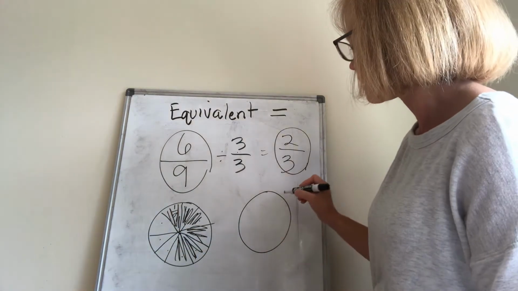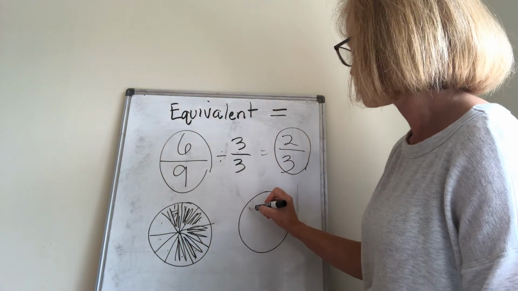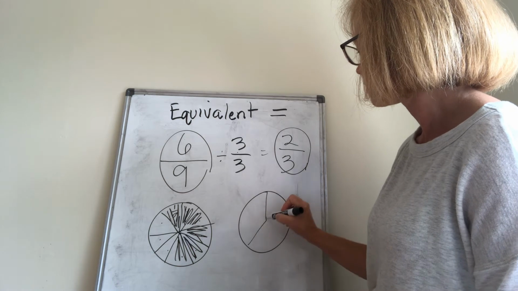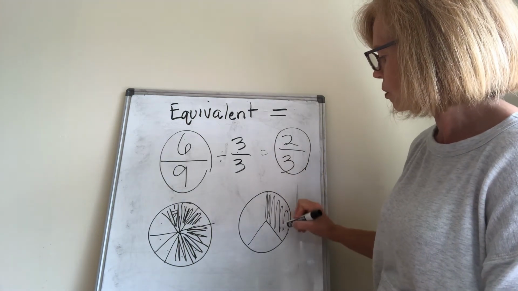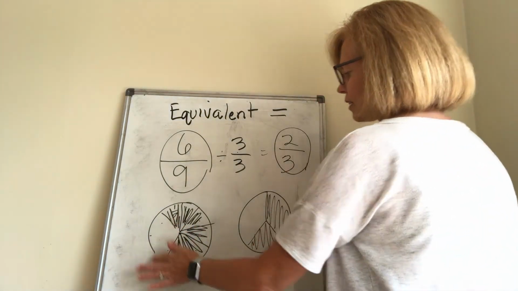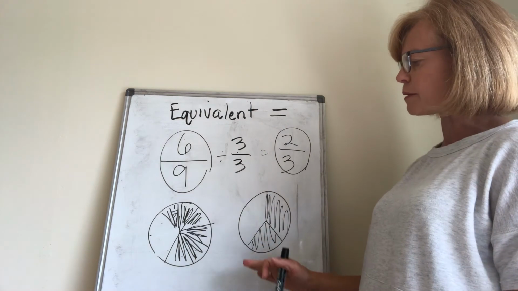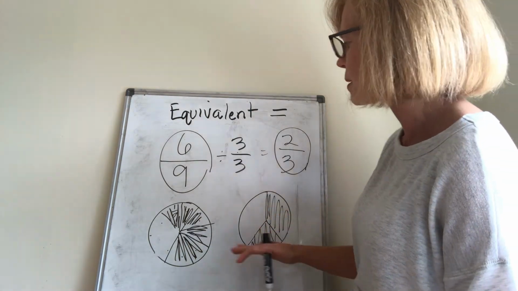Now if I take a pizza, and again, if I divide it into thirds, and I say 2/3, 1, 2, you can tell just by looking here, I've eaten the same amount. 2/3 is that same amount.